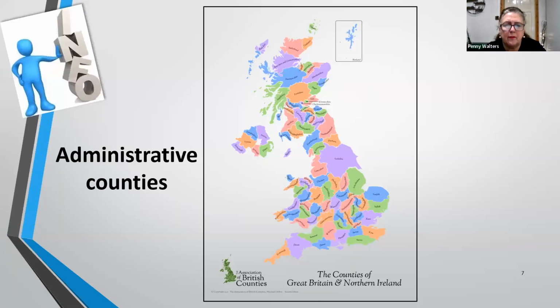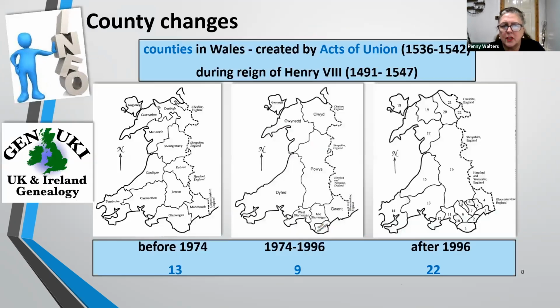Something that people from outside of the UK need to have a look at is the administrative counties. And these are like regions, and these are fixed now, but over the years have changed, sometimes slightly and sometimes dramatically. So sometimes if you lose an ancestor, it might not be that they've moved, it might be that the counties have changed.